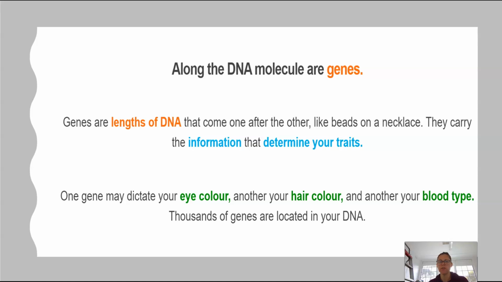Like I said before, the DNA carries the information that determines your traits. So one gene might be eye color, another hair color, another your blood type, and so on. It may also carry genetic diseases, such as being unable to process and remove mucus or producing too much mucus in the case of cystic fibrosis. So that also is determined by your DNA.